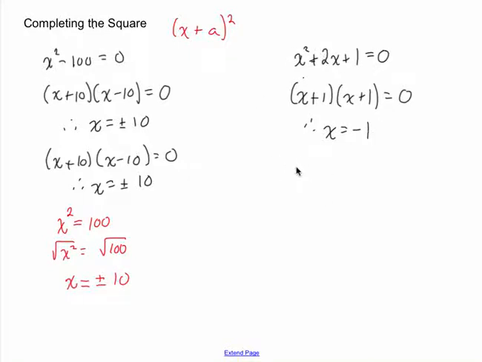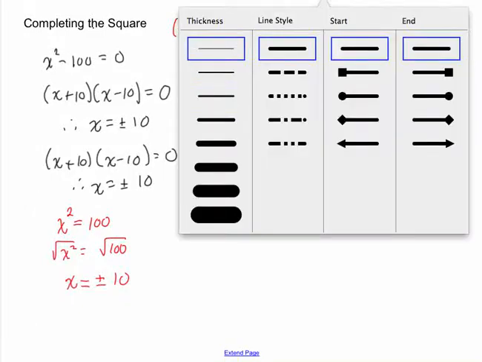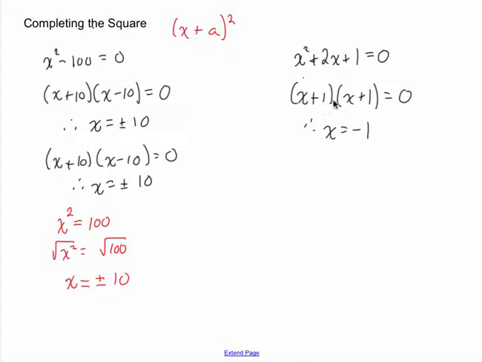The other way to do it is to rewrite this as x plus 1. Now this is a longer way. Once you get to here, it's kind of redundant to do it this long way. But if you wanted to, x plus 1 times x plus 1 is x plus 1 all squared, and that is equal to 0.